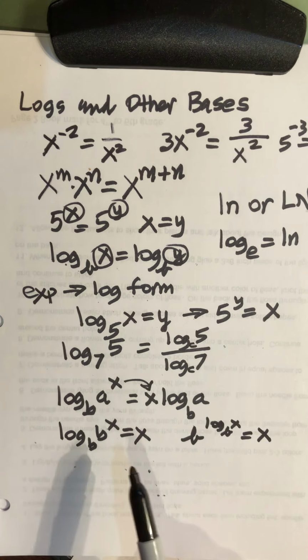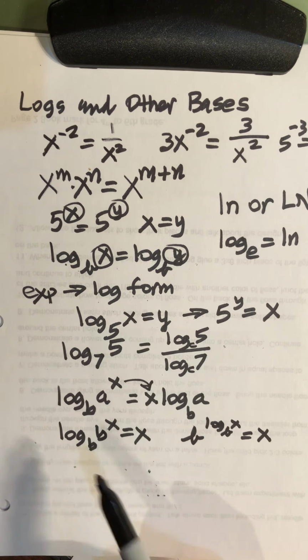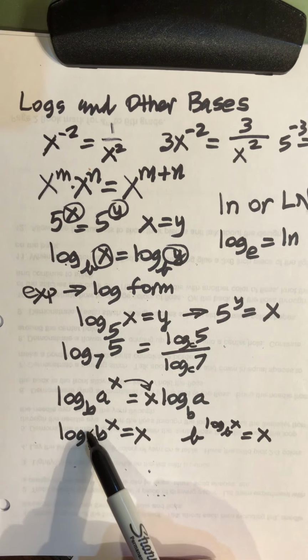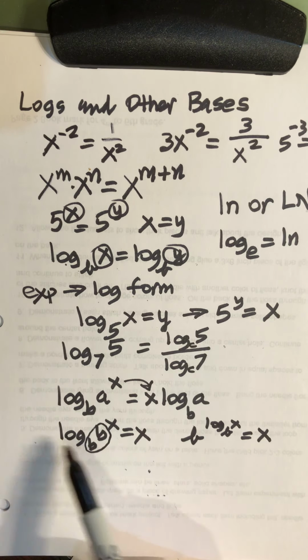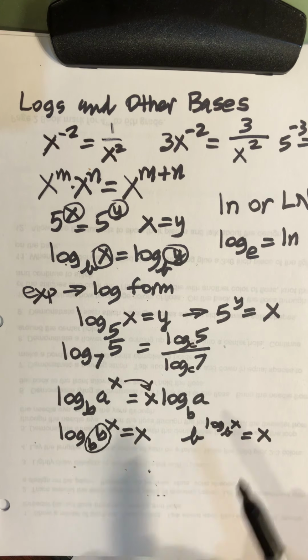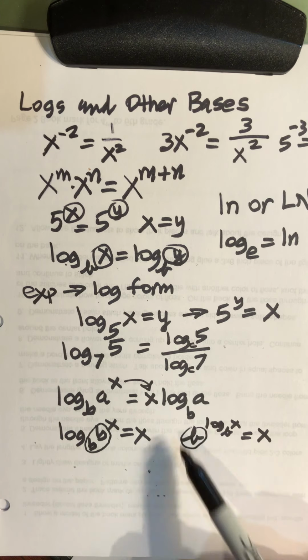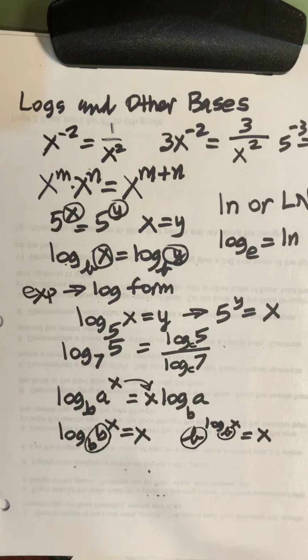Now, these are important to allow you to simplify, because if these two numbers are the same, then this all dissolves and just becomes x. Again, if this number is the same as this number, then it becomes x.